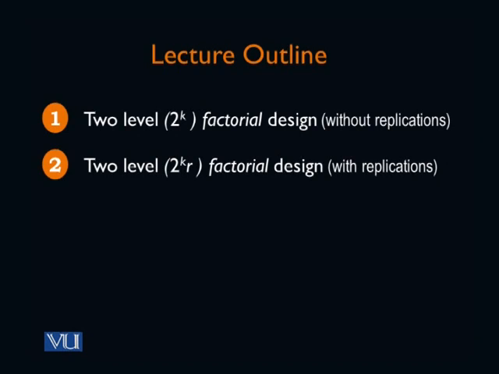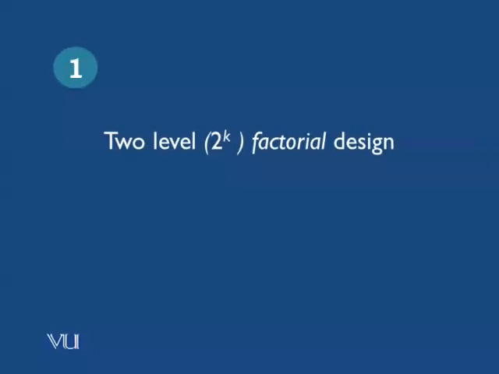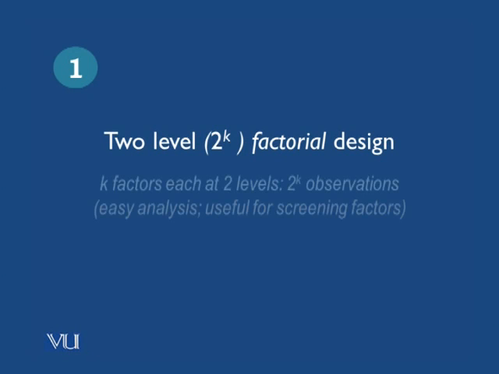In such a design, you need to perform 2 raised to k into r experiments. And because of that, such a design is represented by the shorthand of 2 raised to k multiplied by r design. So we start with the first part of today's session, in which we are going to talk of two-level factorial design without replications, in which we have k factors, each having 2 levels.